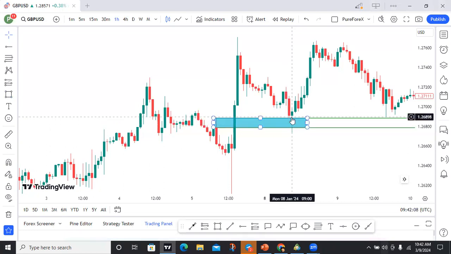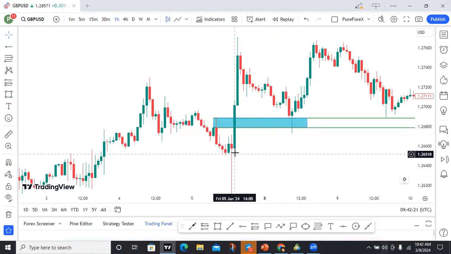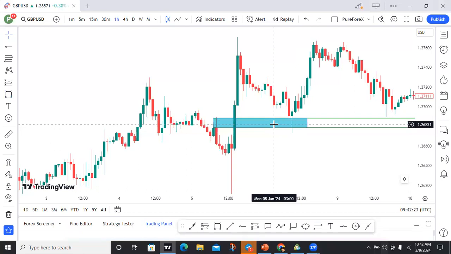Even without price getting to this upper line we put, I mean, this lower line we put, within this zone you are going to start looking for buying opportunity. So this one is based on, if you are waiting on your chart for price to come to your zone.